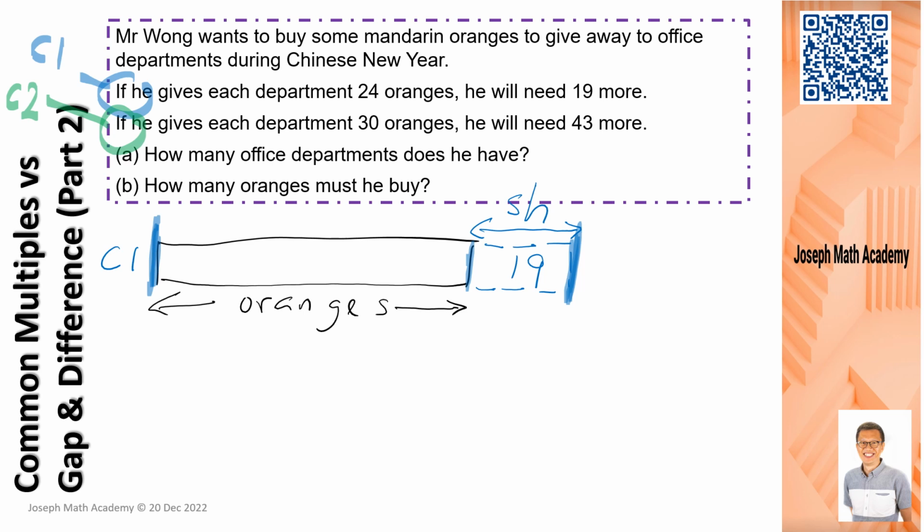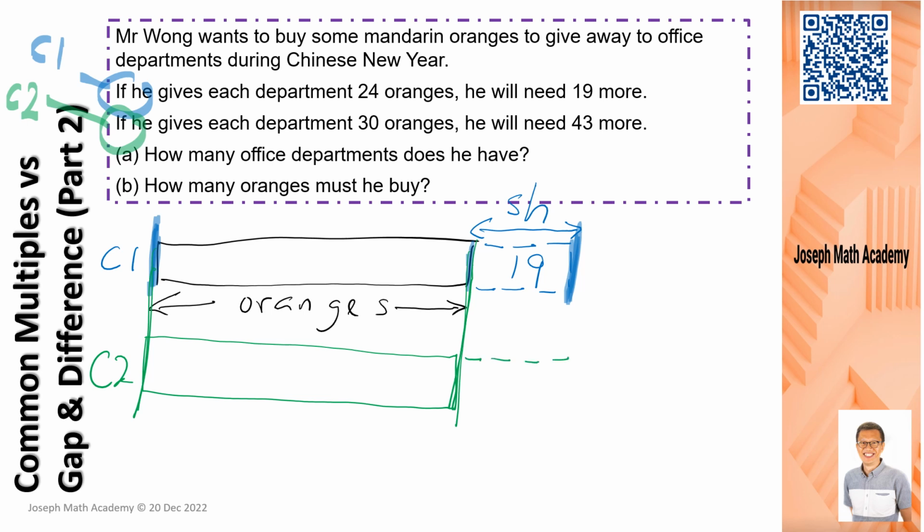Okay, let's take a look at case 2. Same model. Stops here. Remember, it is here and here, right? What he needs to buy. Okay, now if he gives each department 30 oranges, he will need 43. Oh no, not enough. So he has to get 43 from somewhere.